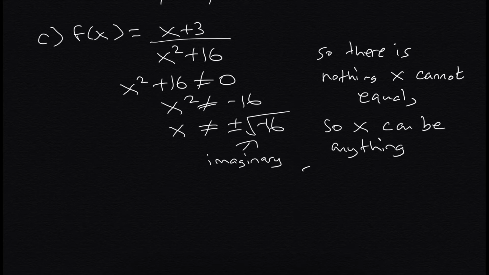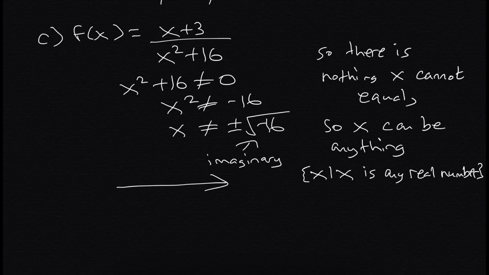And so since x can be anything, set notation answer, x such that x is any real number. Interval notation, so if x can be anything, well, it can be anything you want it to be, anything to the left, anything to the right, that would be negative infinity to infinity.